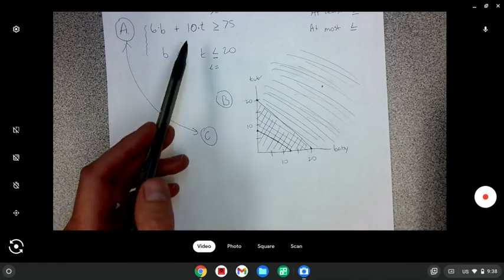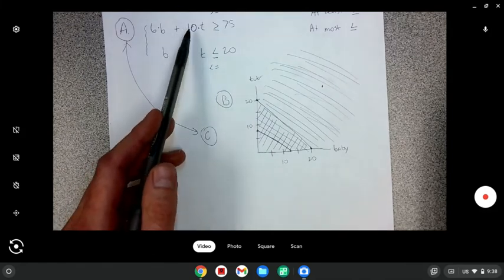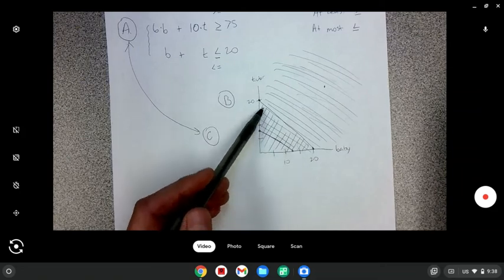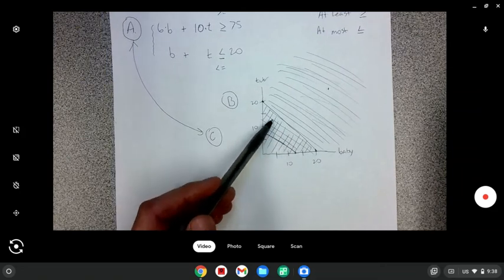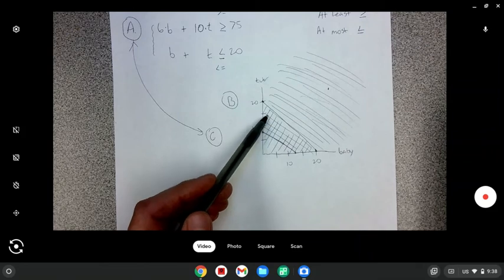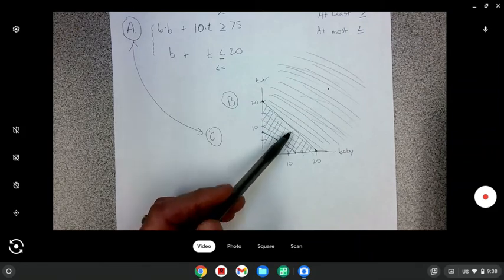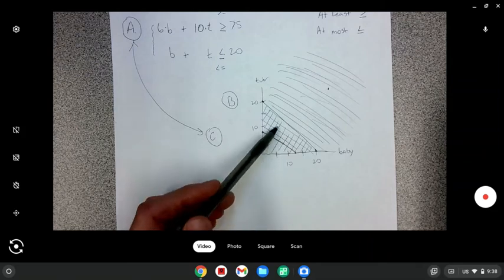So the region that works for both the money and the hours at the same time is this region in the middle. This is like the sweet spot. And in engineering and in other areas, we call this a tolerance, where anything in between these two lines is going to work for both of those inequalities.